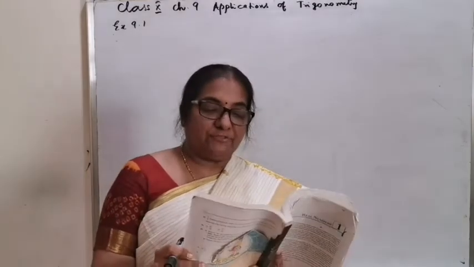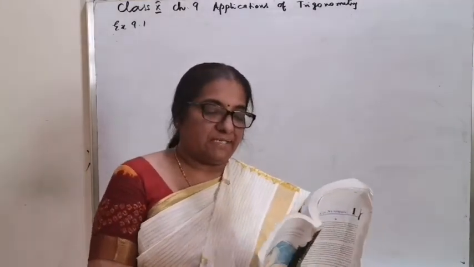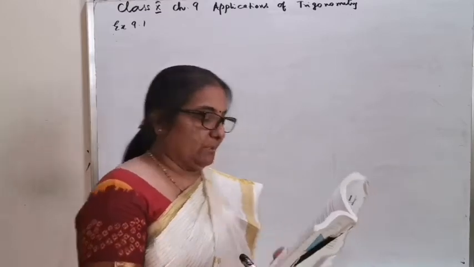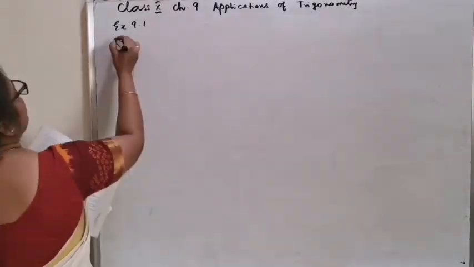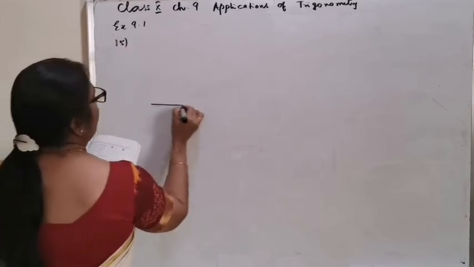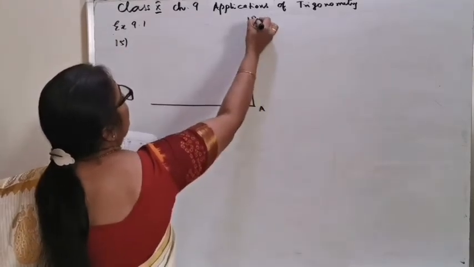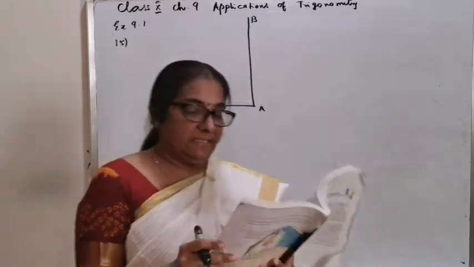Question number 15. A straight highway leads to the foot of a tower. That means a tower AB. AB is representing the tower.